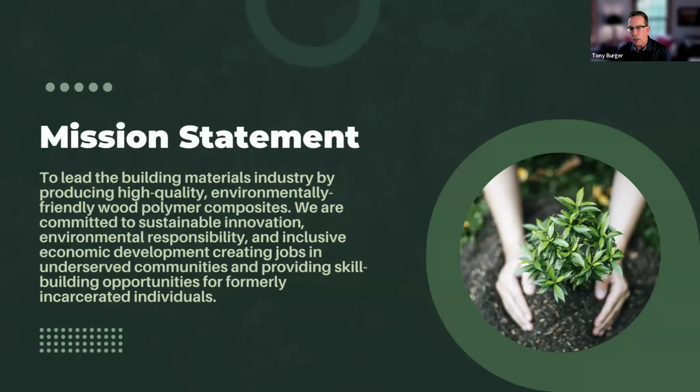And Unicor operates about 82 factories in the United States that are all in federal prisons. And their mission is to skill up inmates so that when they are released, they have skills and they don't end up back in prison. So this is one of our cornerstones of our ethos and how we operate.